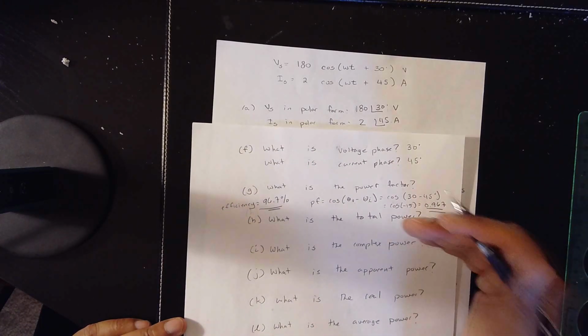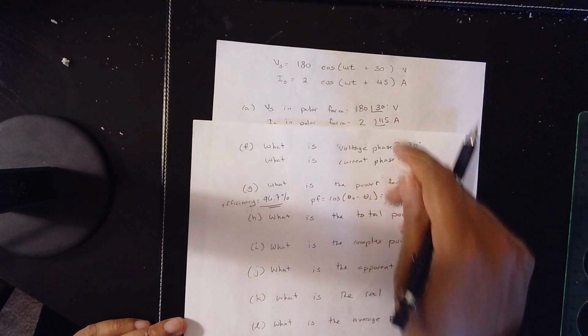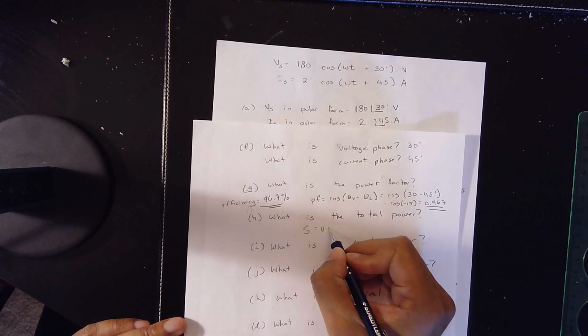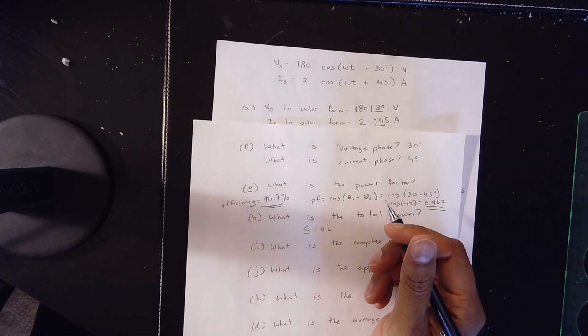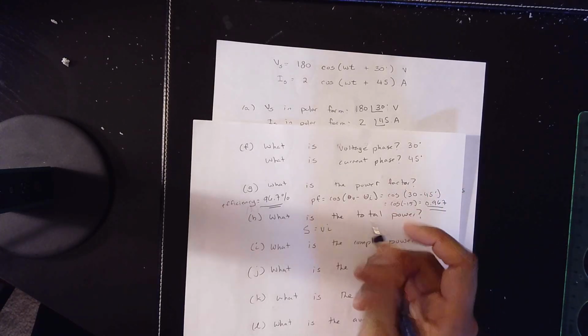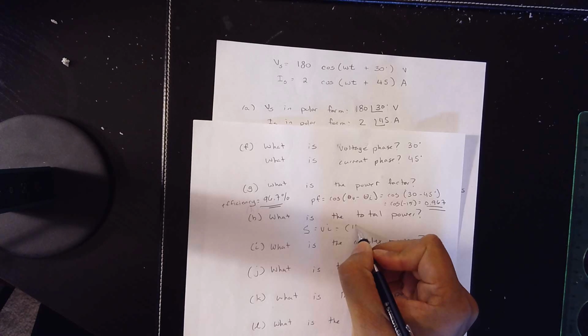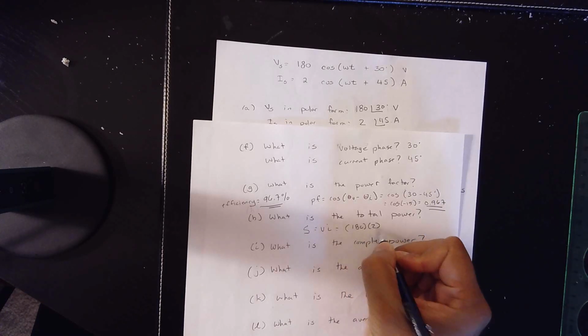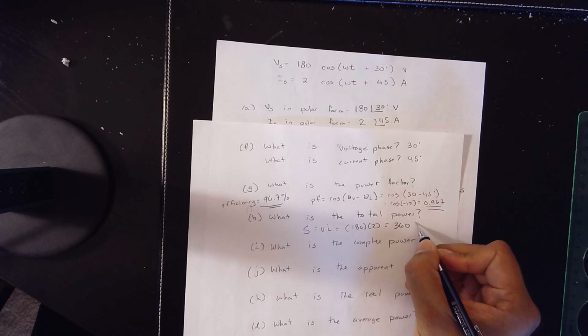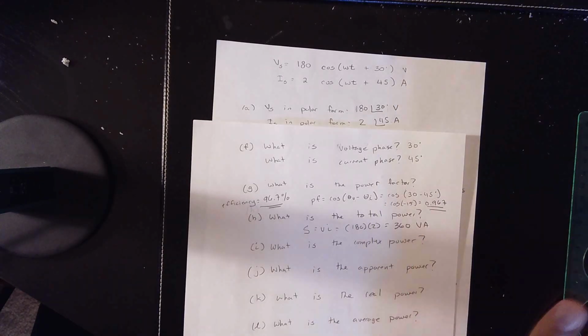Okay. What is your total power? Your total power is here's S. S is VI. Another video said VI over 2. You're going to ignore that for now. For us, it's VI. And it's going to be 180 times 2, which is 360 VA. If you do not have a VA, it's wrong.